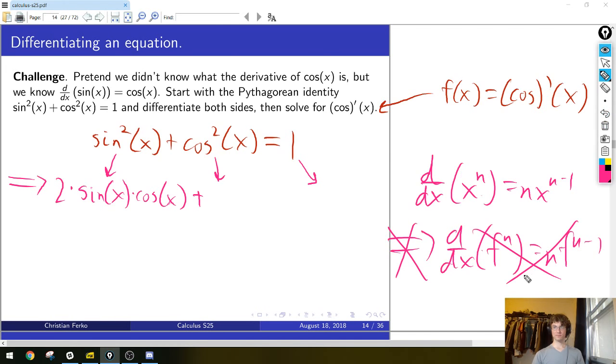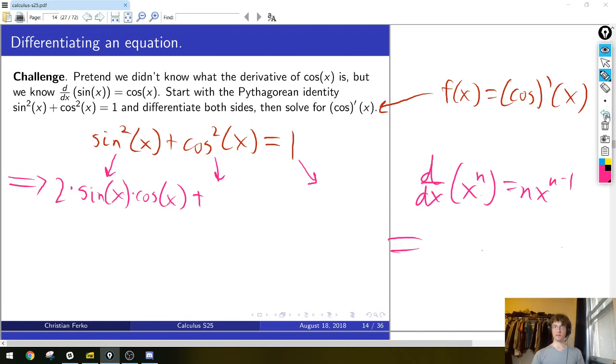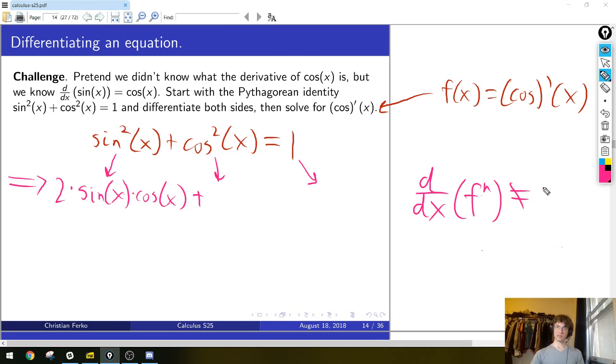See, the problem is I was thinking substitute anything in for x. You can substitute anything in for x, but that doesn't change the derivative on the outside. So you could substitute whatever you like for, say, now I've run out of erasing. So it's not true that d/dx of, say, f to the n is the same as the derivative with respect to f of f to the n, right?